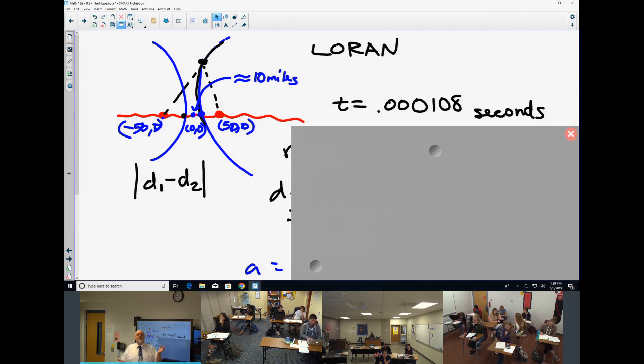A human couldn't even measure that difference, but this computer can. So it adjusts the speed and the course of the ship so that, as it sends out more pulses, it maintains this difference to always be the same.